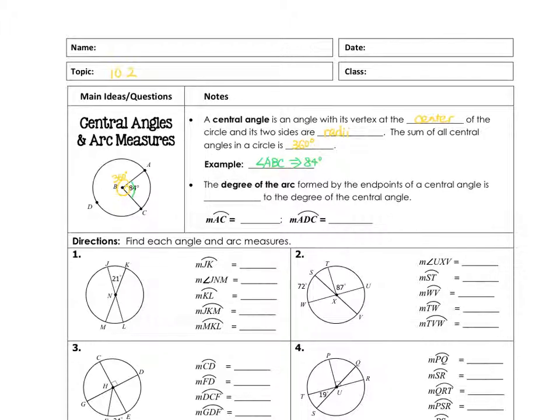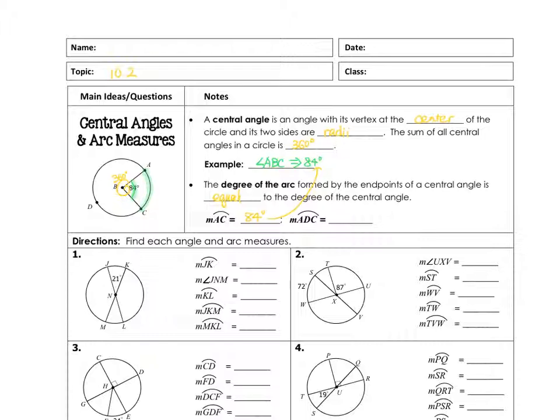So when I look at 84 degrees in the center here, of angle ABC, because it starts with A and ends with C, it determines that this arc measure is also the same degree measure, 84 degrees. It's just the same as the central angle.